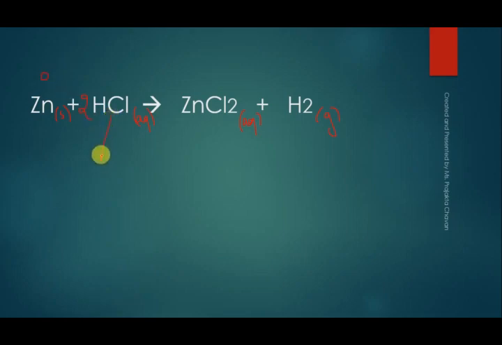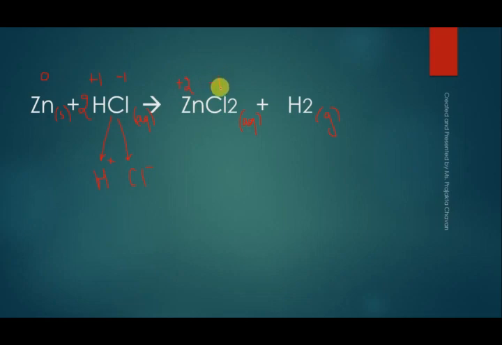For HCl, we all know that HCl is made up of two types of ions, that is H plus and Cl minus, isn't it? So the charge for hydrogen is plus 1 and the charge for chlorine is minus 1. Similarly, let us write it for zinc chloride. For zinc, it is plus 2 and for chlorine, it is minus 1.